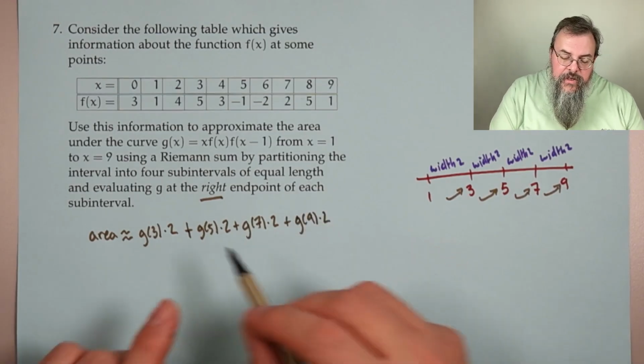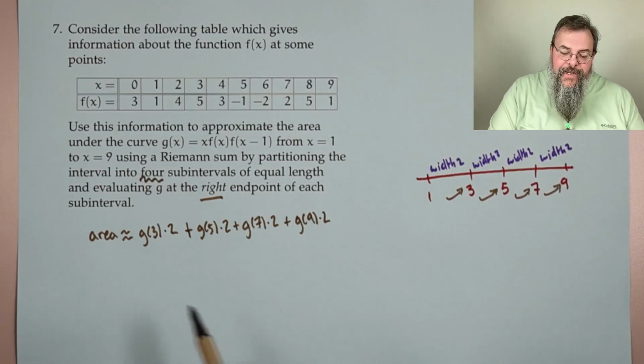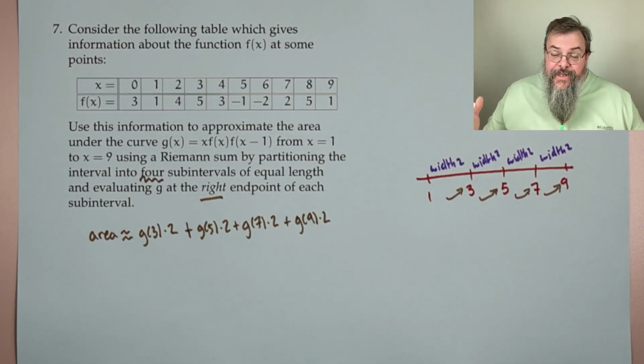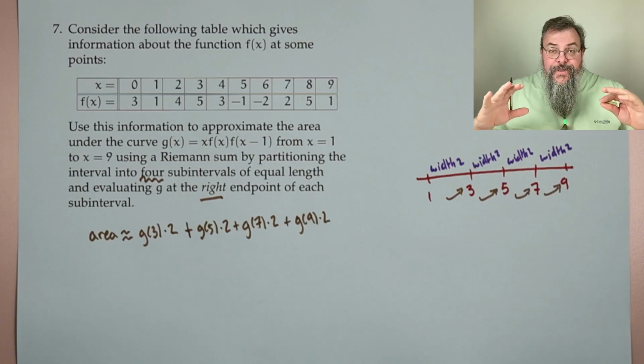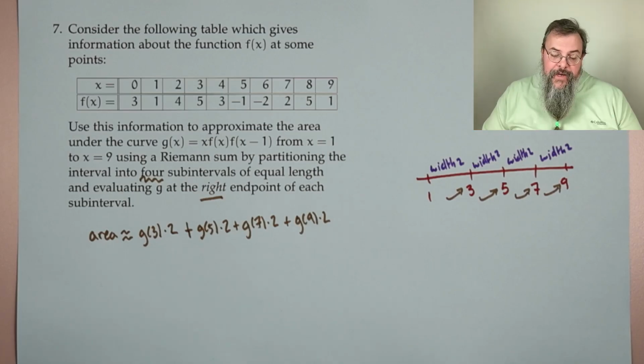In general, you should say, hey, if I'm breaking into 4 parts, I need to have 4 terms. If you have 5 terms, something's wrong. If you have 3 terms, something's wrong. 4, just right.